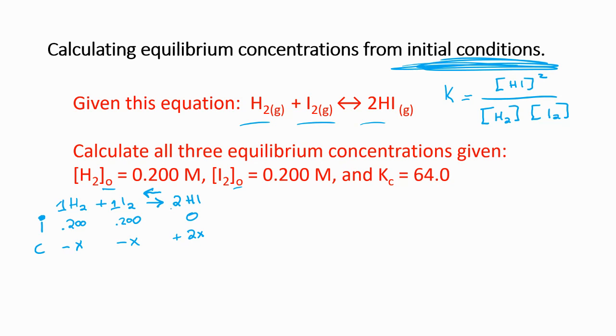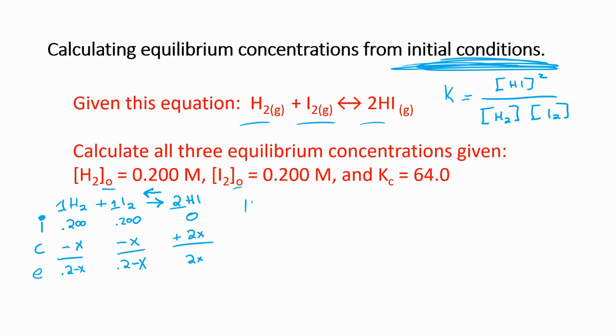It's because it's in a ratio of 2-to-1 to those reactants. So that's where that 2 comes from. At equilibrium, that means I have 0.2 minus x and 0.2 minus x. And over here, I have 2x. I'm just summing my I and C columns together to give me my equilibrium.